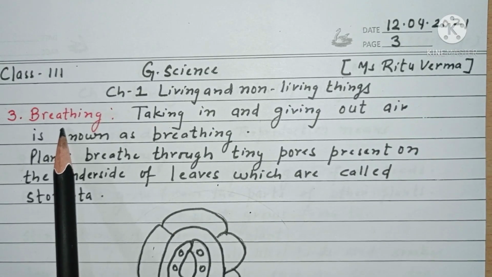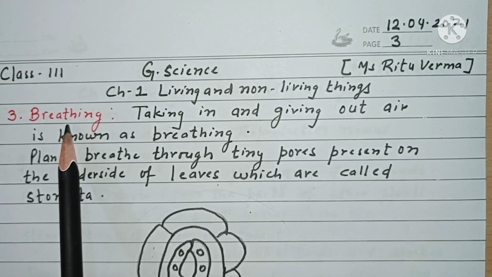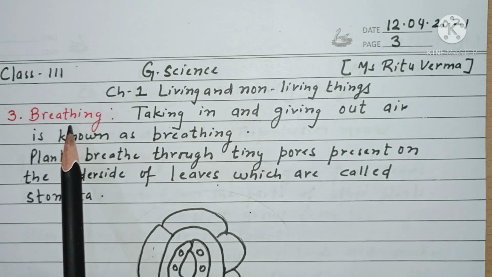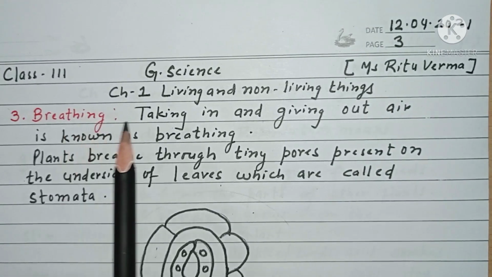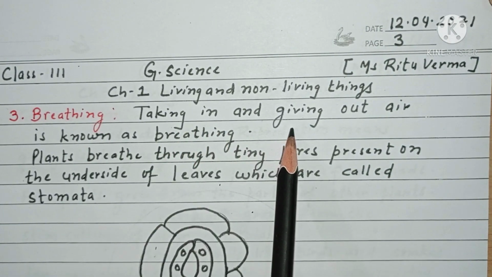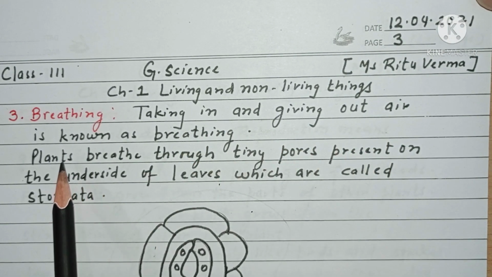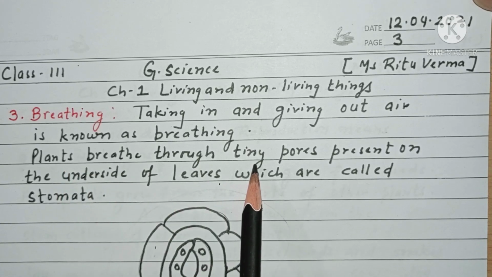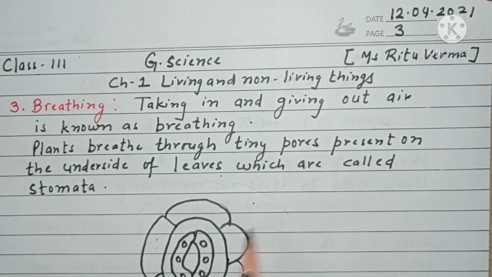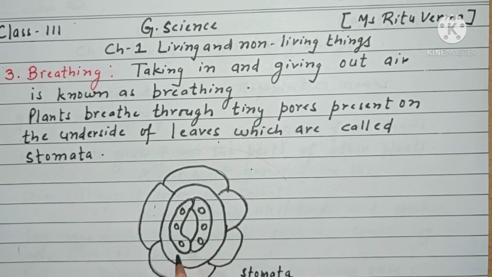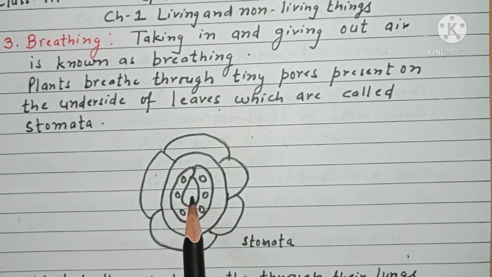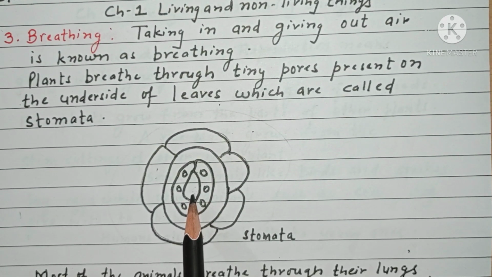The third point is regarding the breathing. How plants and animals differ in the breathing. Breathing means taking in and giving out air. Plants breathe through tiny pores which are present on the underside of leaves. These tiny pores are known as stomata.